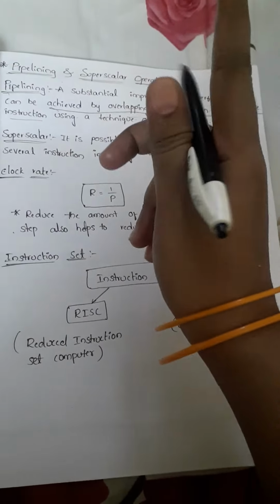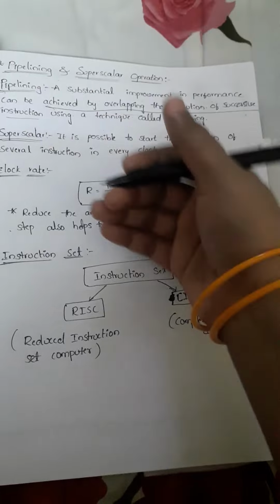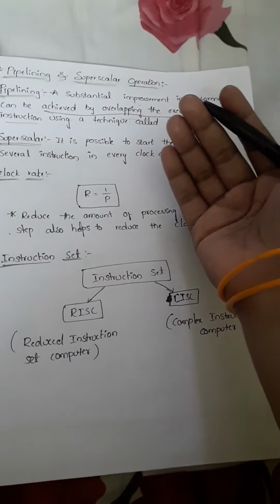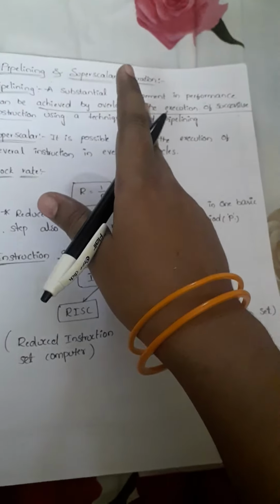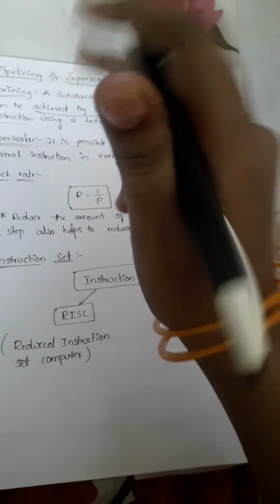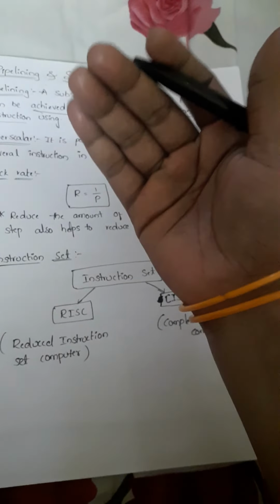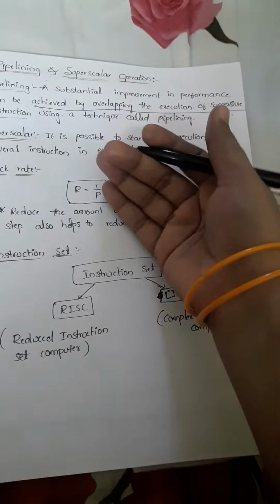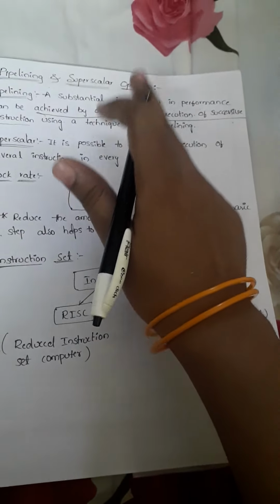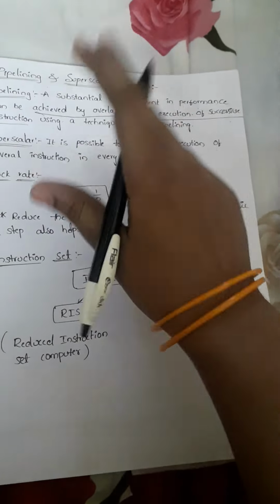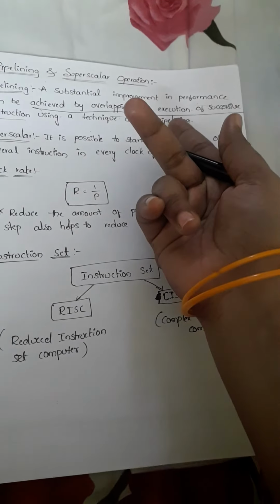So execution times are overlapped. The first execution takes some time, and the second takes some time for execution and for loading purposes, right? So it will do two operations at a time. That means pipelining is a technique of loading the next instruction while executing the current instruction.